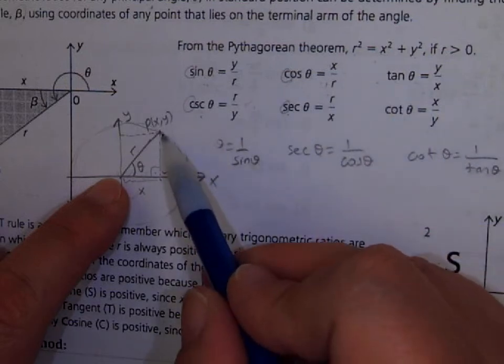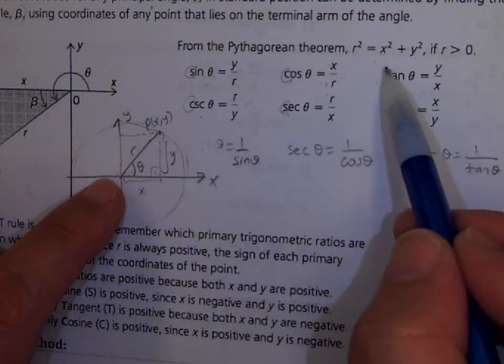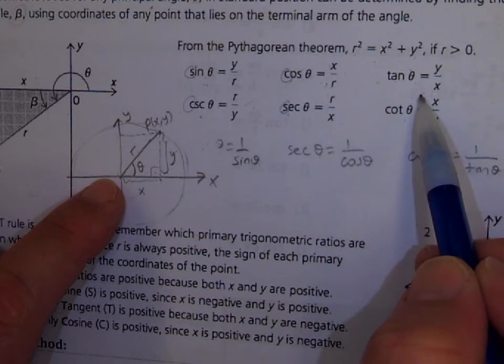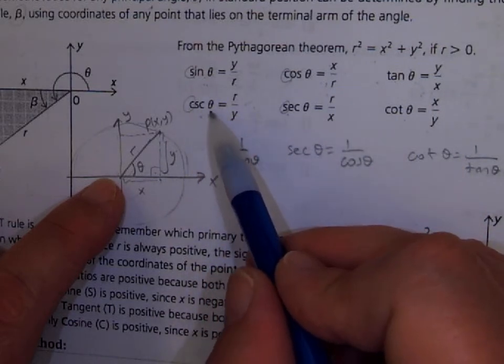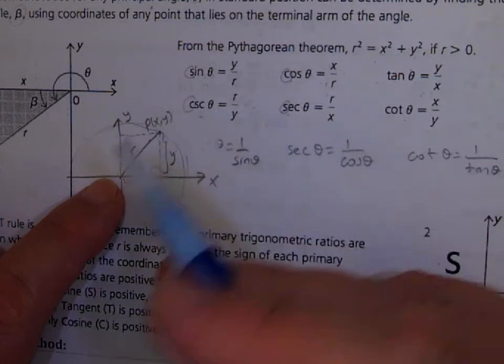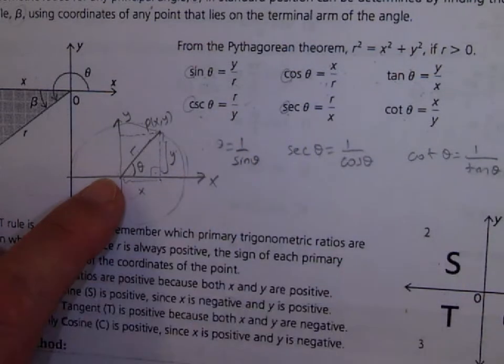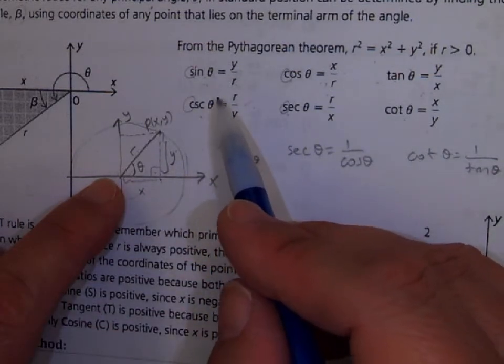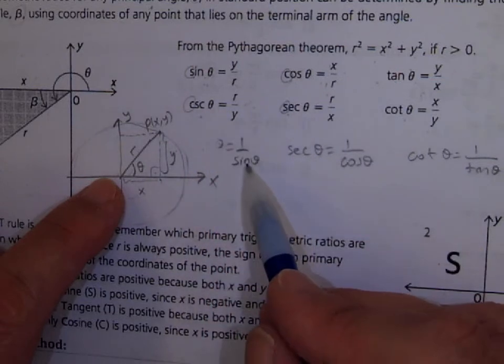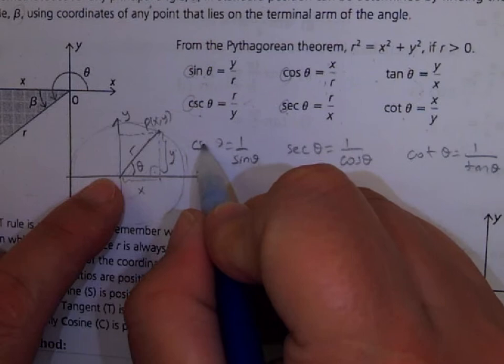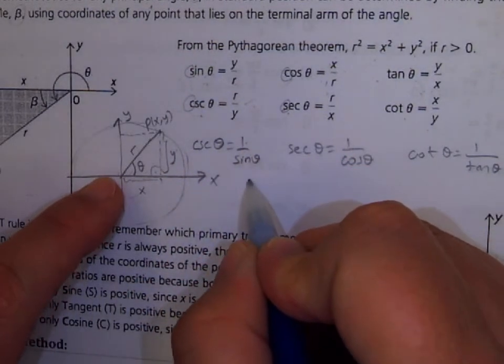Tangent is opposite over adjacent, y over x. Now we are also going to look at the reciprocal ratios. Again, it is a review from last year, so you already learned this. Cosecant theta is 1 over sine theta.